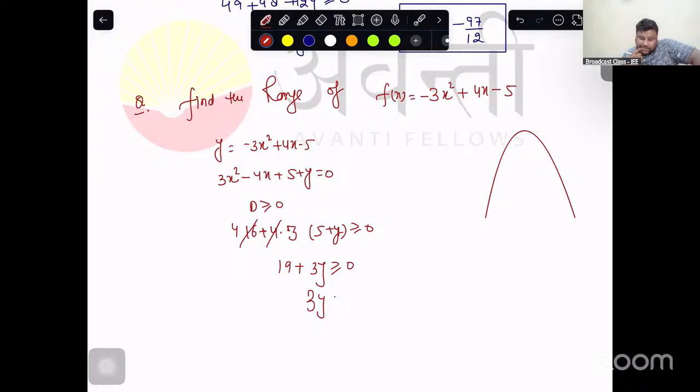There's some mistake that happened. It is 3x square minus 4x plus 5 plus y, and b square is 16.